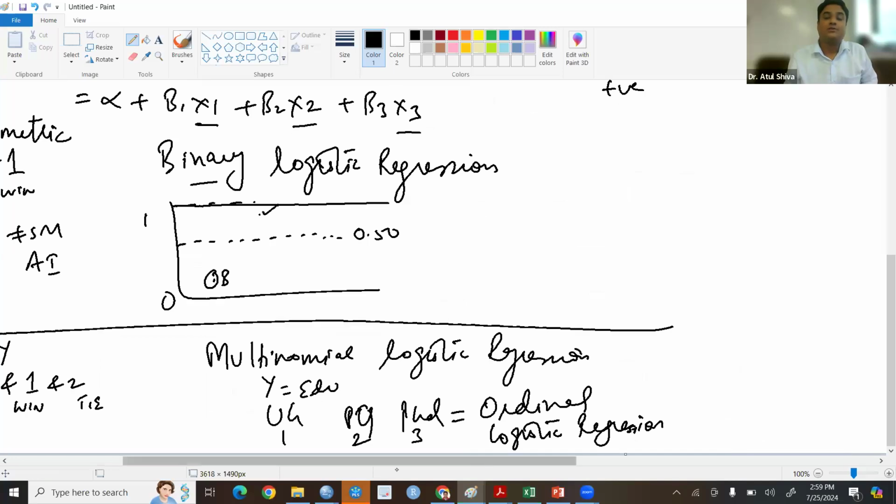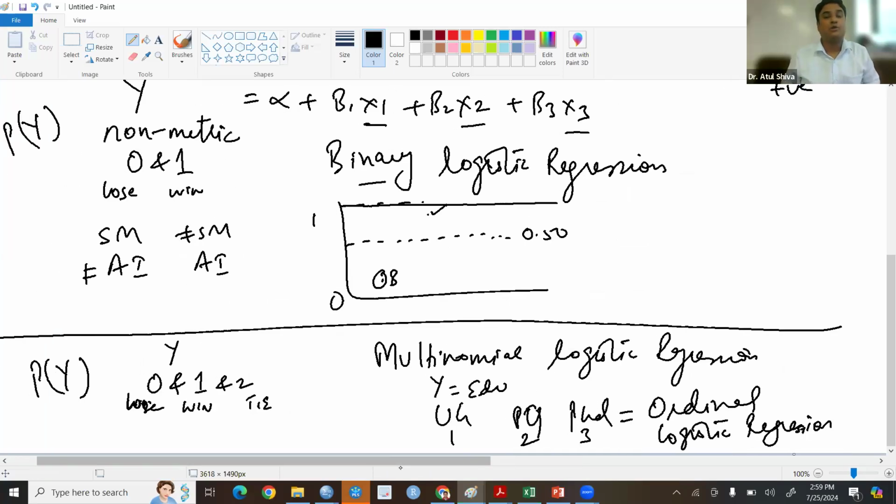Ordinal logistic regression, multinomial logistic regression and binary logistic regression are the extensions of regression. You have to realize whether your DV is metric or non-metric. If it is metric, multiple regression. If it is non-metric, binary, multinomial or ordinal. These are the two outcomes which you can apply in the research.